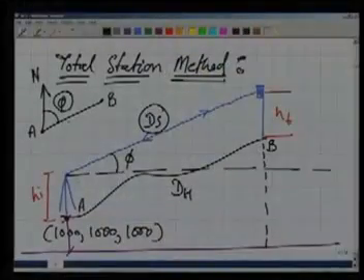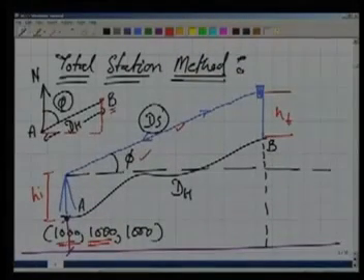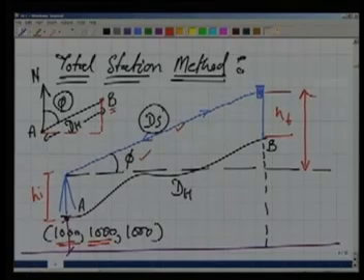By knowing this dh, I can compute the coordinates, meaning the latitude and departure of my point B. So with respect to this point, I know the coordinates of B, so the x and y are fixed. In addition to this, because we know this angle and this distance, we can also determine this particular elevation difference. If you know this, we also know the height of the instrument.